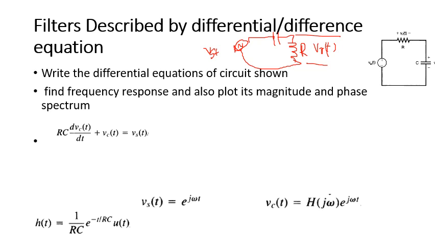Why high pass filter? Because at very low frequencies the capacitor will act as an open circuit, and there will be no voltage across R. But as the frequency starts increasing, the voltage across the capacitor will start to decrease. Why? Because its voltage is proportional to its capacitive reactance, and the capacitive reactance will start decreasing as the frequency increases.